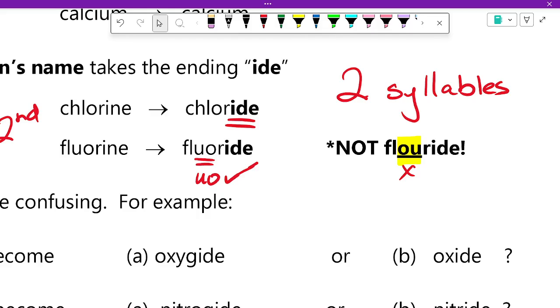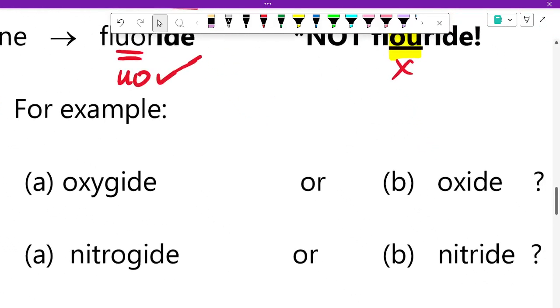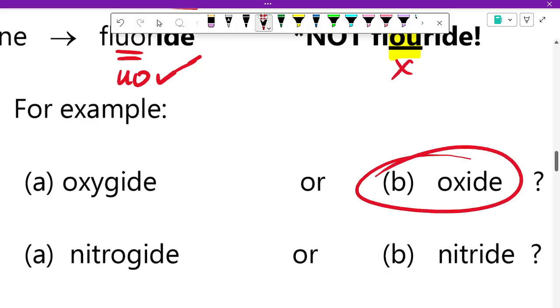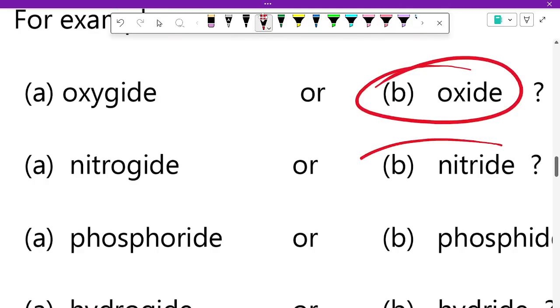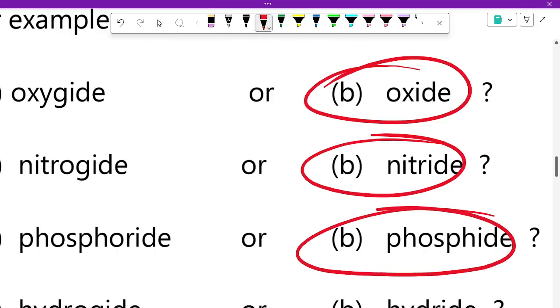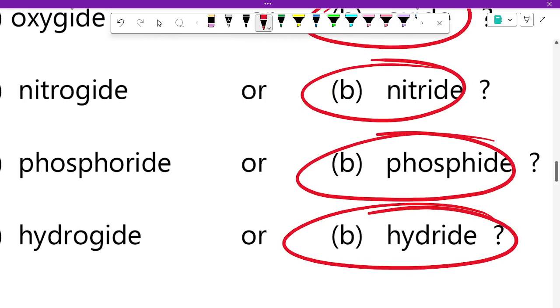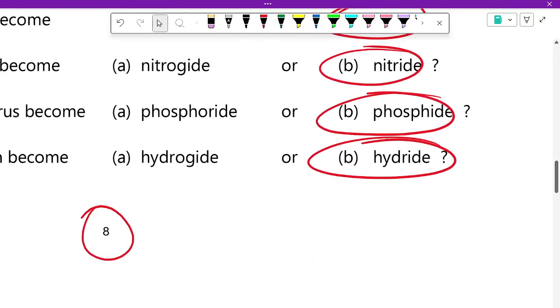Okay? Which one do we like, oxygen or oxide? Which one do we like, nitrogen or nitride? Do we like phosphoride or phosphide? Phosphide. Do we like hydrogen or hydride? Hydride. Always 2 syllables. Okay?